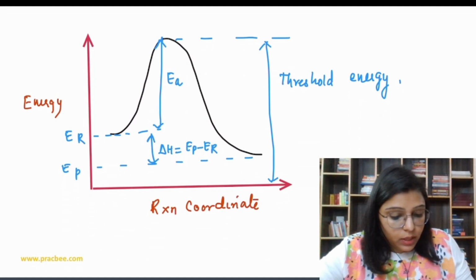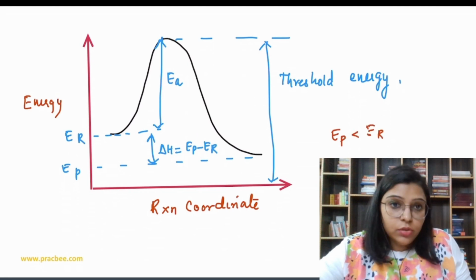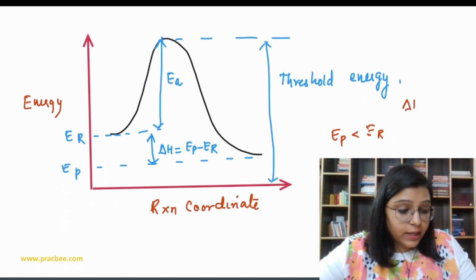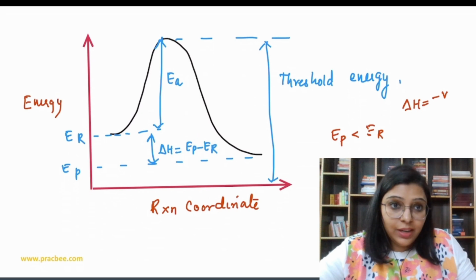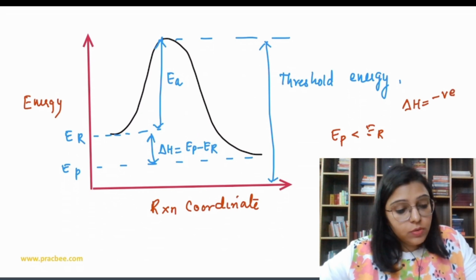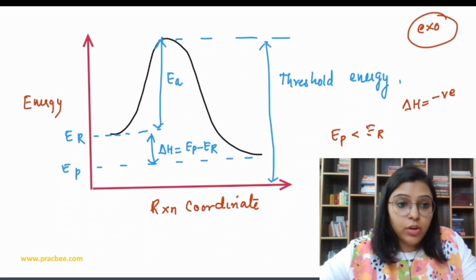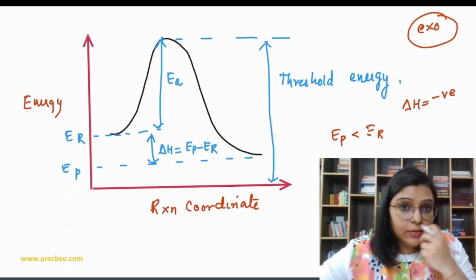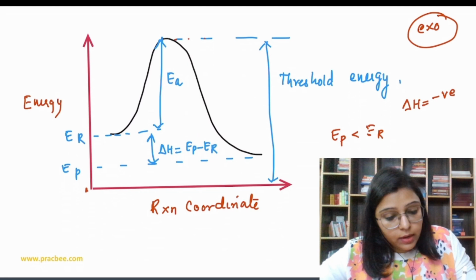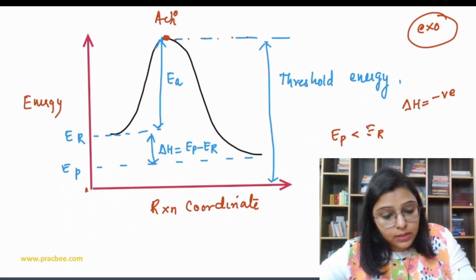As you can see over here, the energy of the product is less than the energy of the reactant. If the energy of the product is less than the energy of the reactant, then delta H is going to be negative. So this curve is for an exothermic reaction. Now here we have some terms. From the origin to the top, this is the energy of the activated complex.